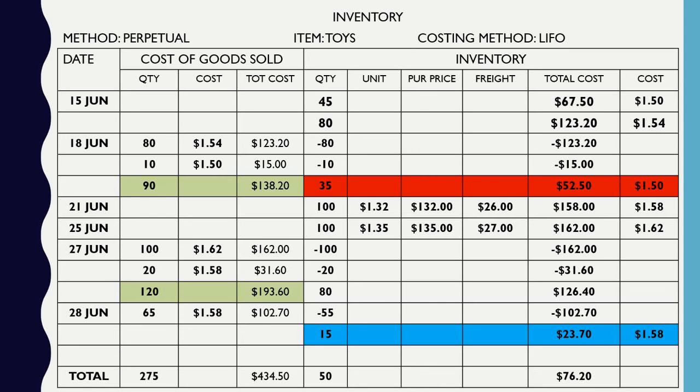And if we tally up our totals, right, we sold a grand total of 275 units. And right here, what we have remaining is 50 units left in our inventory at $76.20. Okay?